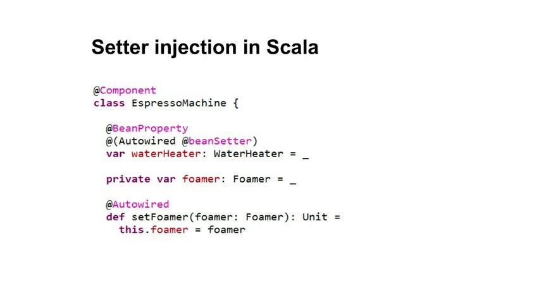Here we can see two approaches for how we can do that. The first one, at the bottom, is the setFormer method, which is a setter which you have to write by yourself. Again, the difference is just the syntax, and you put the autowired annotation directly on the setter.